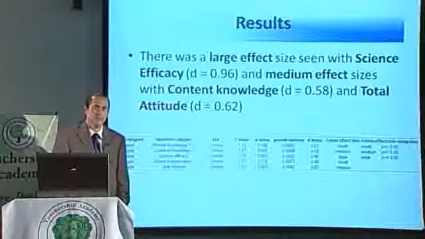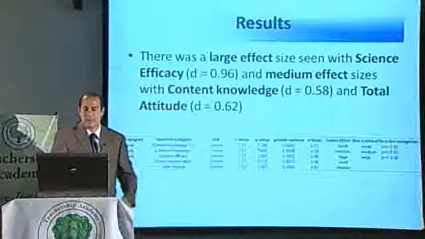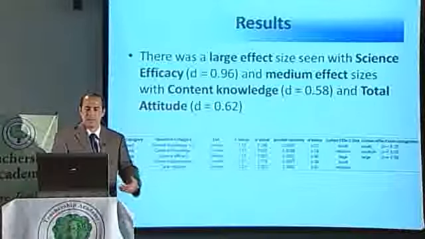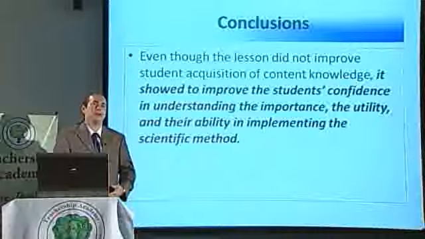When it came to effect sizes, with science efficacy, we saw a large effect size and a medium effect size for content knowledge and total attitude. Now, this means that the lab was effective for particular topics, and these topics dealt with appreciation for understanding the usefulness and utility of the scientific method.